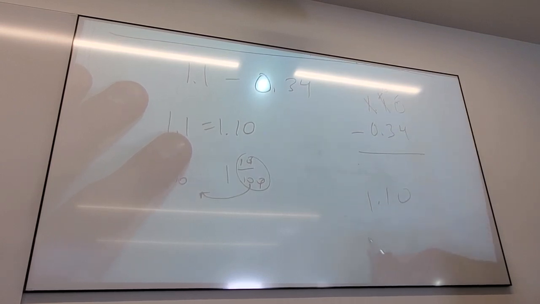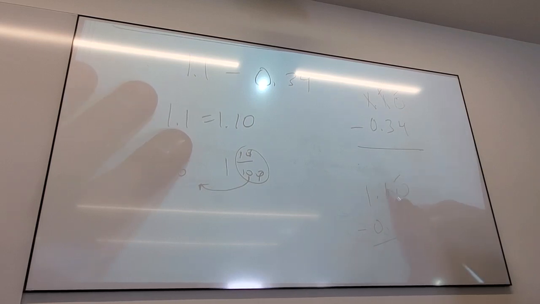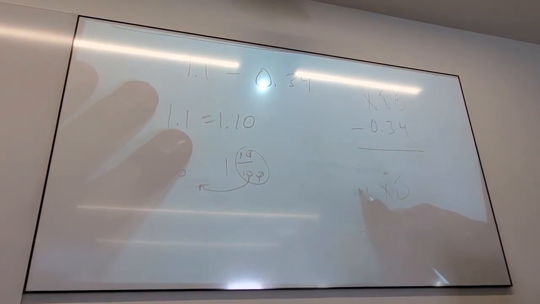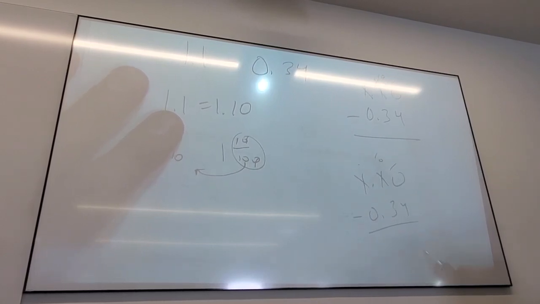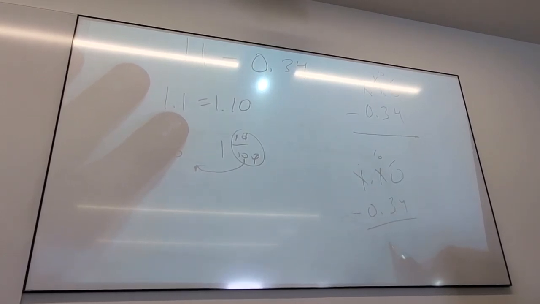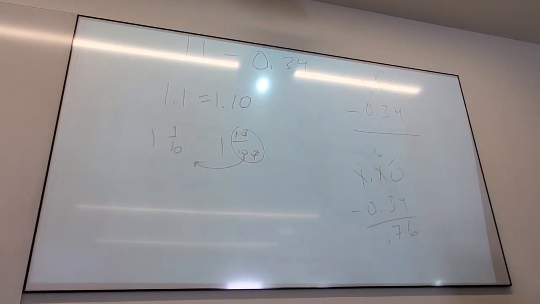Let me write it. So if I wanna make this a 10, I can make this a 0. Yeah, you could do that one too. You still end up with that. Oh, okay, I see my mistake now. You're good. So then you get 0.76 and so on. So the nice thing is, once you get the zeros filled in, it becomes the same kind of problem as before, without the decimal there.